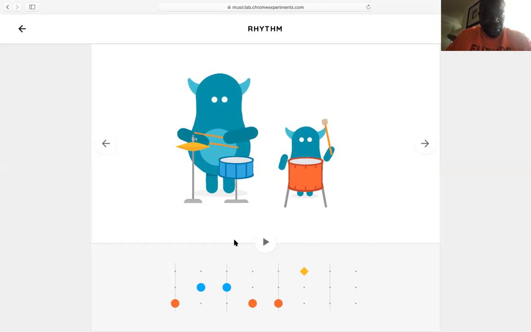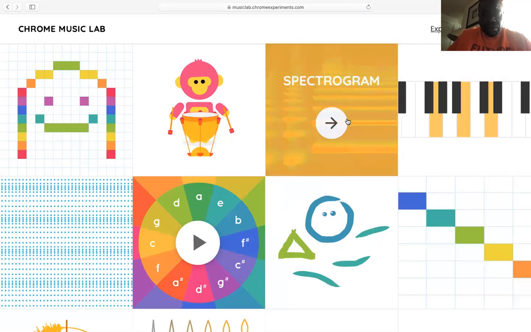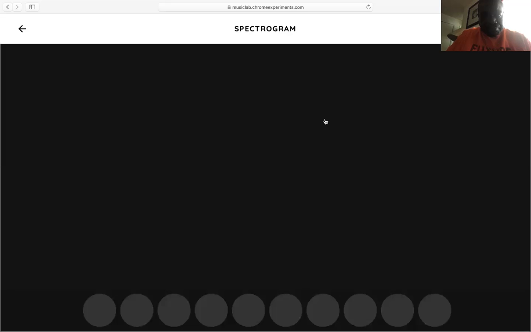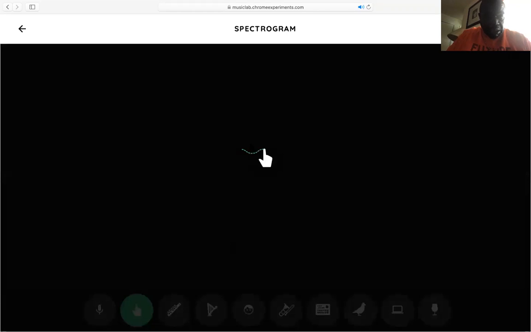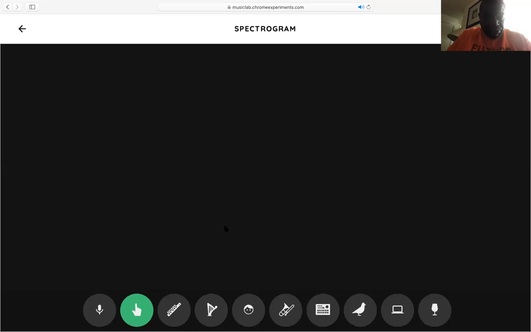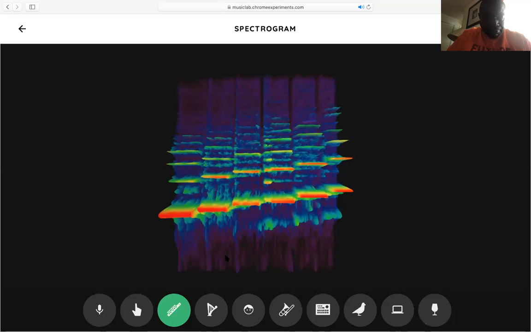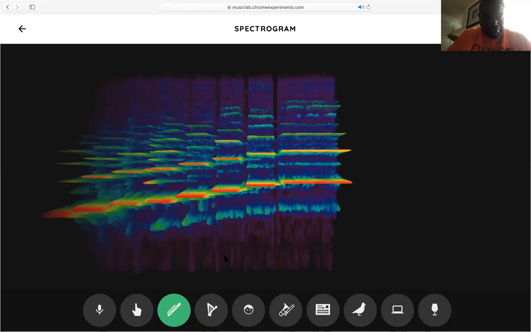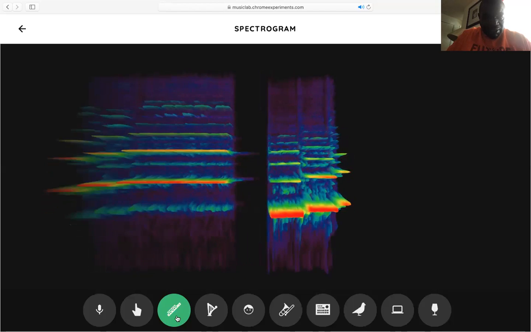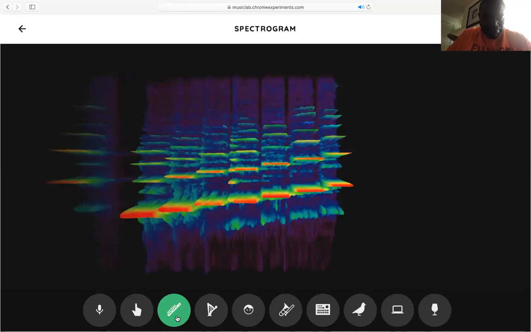Okay, so like that, they have drumming and the spectrogram. The spectrogram, you have different wavelengths. You can play the C scale.